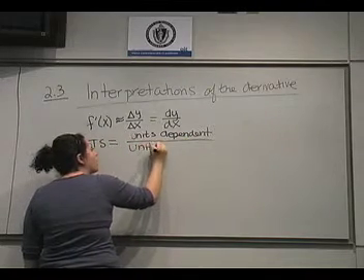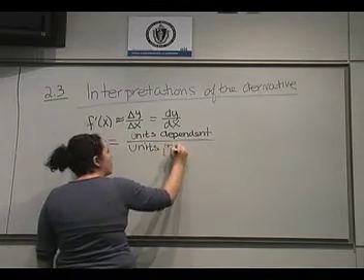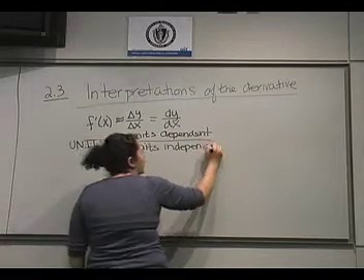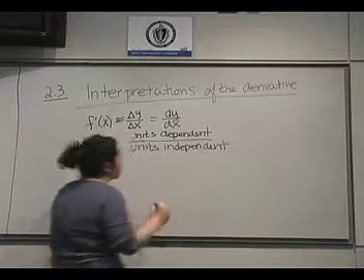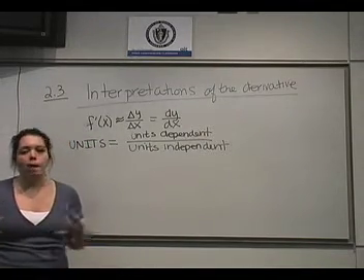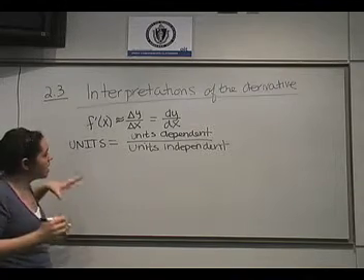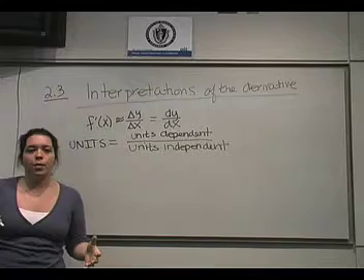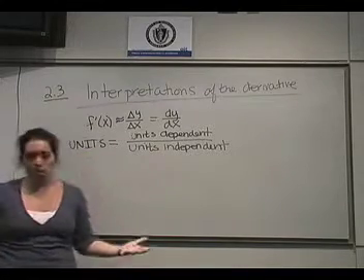So if we can figure out the units of each of these, we can then find out the units of the derivative. The units will be given to you in context in the problem that you're working on. So you'll be able to look at an example, see which one is dependent and independent, and then figure out the units of the derivative accordingly.